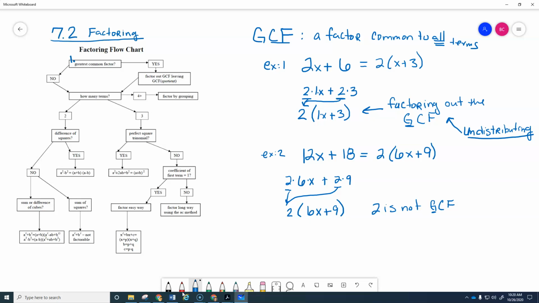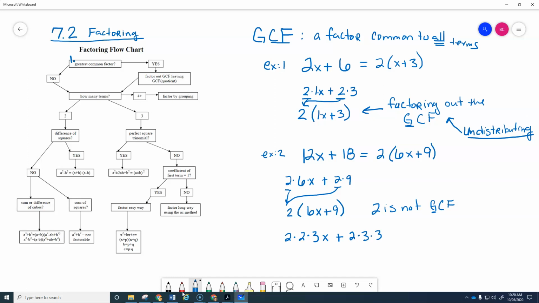So if you go back and you think about this, yes, 2 times 6 is 12, but you can factor that 6 into 2 times 3. And the same thing is true about that 9. 2 times 9 does give me 18, but 9 is 3 times 3.